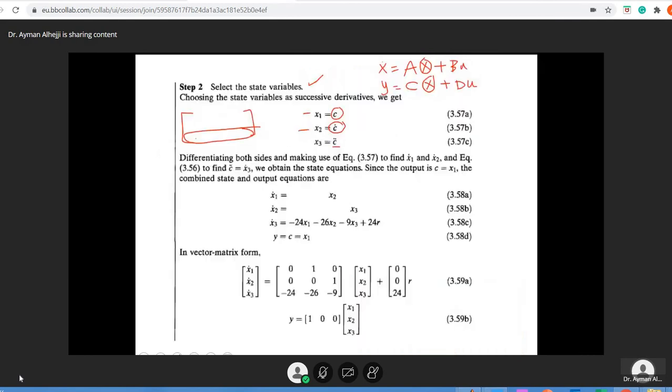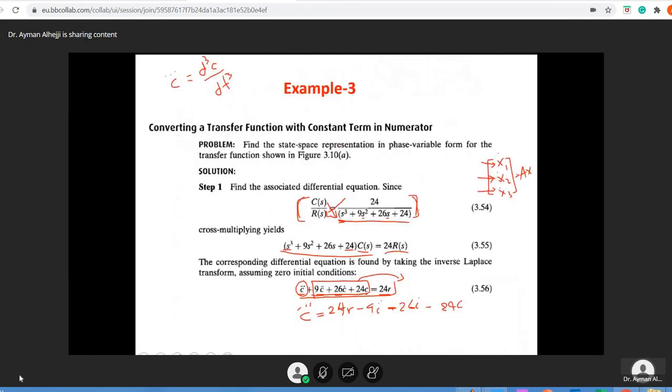So we need to be careful also. We determine the input element. We know R is the input, right? And this C is a state variable. So that's why I make C triple dot equal this part.